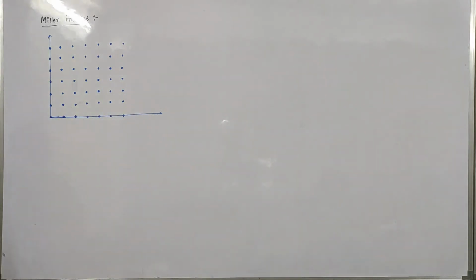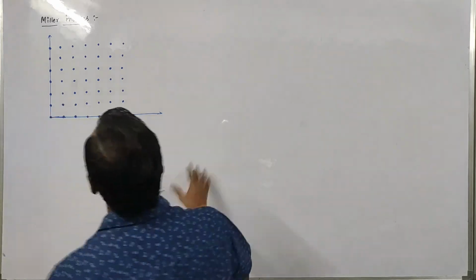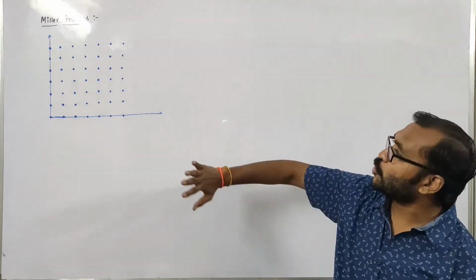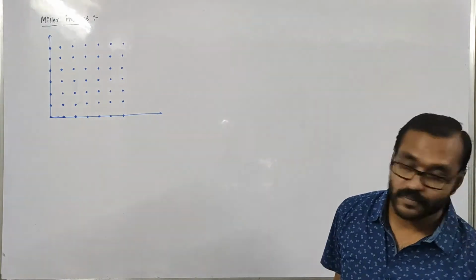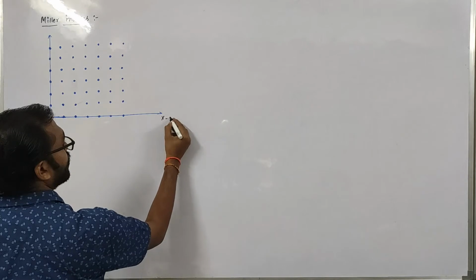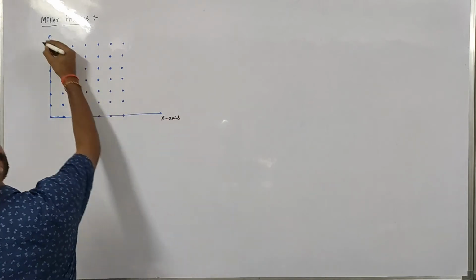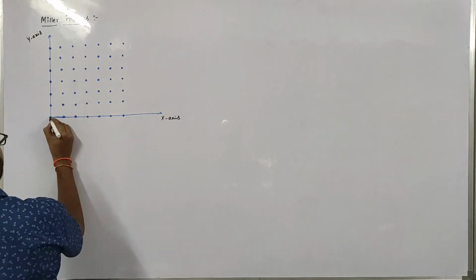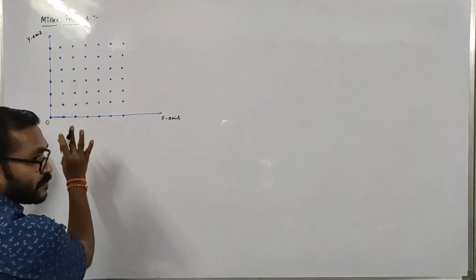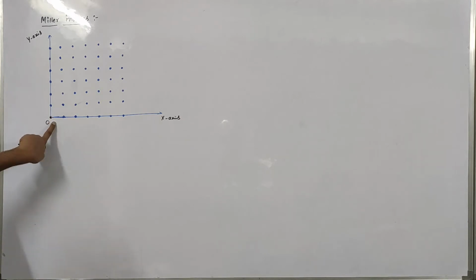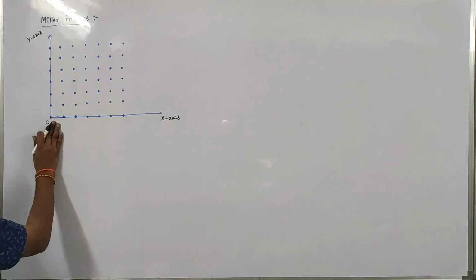Right. Now, assume this as a 2-dimensional lattice point. Yes, sir. This is a 2-dimensional lattice point. Right? Let me assume this as x axis, y axis. Let me consider this as 0, 0, O. What are the xy values for it? 0, 0. O is nothing but 0, 0.